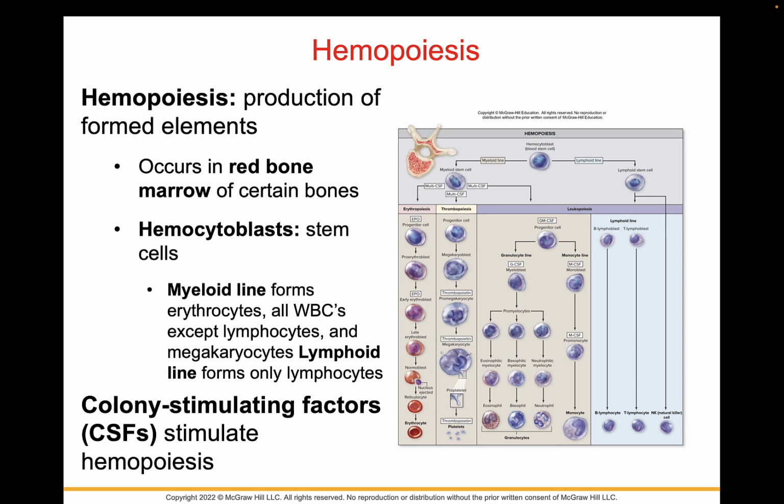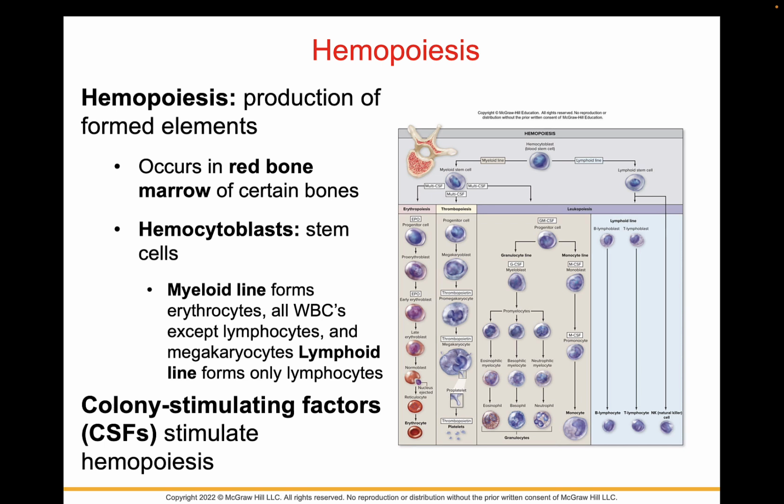Now, when we look at formed elements, the only formed elements that are originating from the lymphoid line will be lymphocytes. All others, so red blood cells and all other white blood cells except for lymphocytes, will be formed from the myeloid line. That is what I want us to be comfortable with from this particular slide.